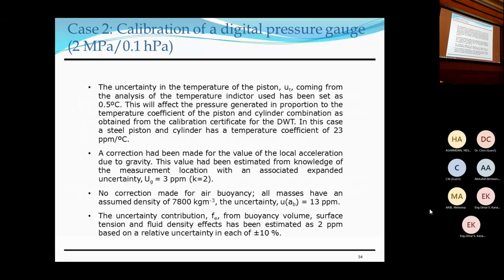So what I'm trying to say is that a model can be to as much detail as is necessary for the particular calibration that you're doing.